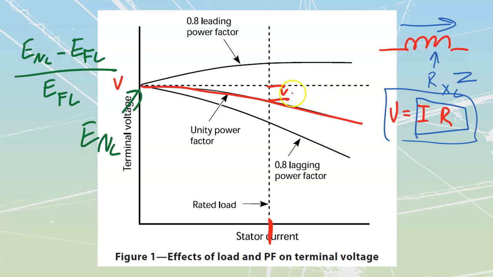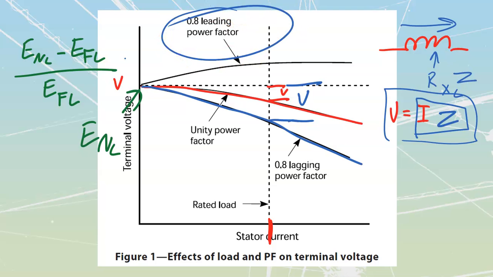If I go to something that has a lagging power factor, and they're giving us an 80% lagging power factor over here, I'm going to get an even greater drop. Now we have this amount of volts that we are going to drop, and it's based upon an impedance that we have. If I go to a leading power factor, we've talked about this before, leading power factors are highly problematic for us.